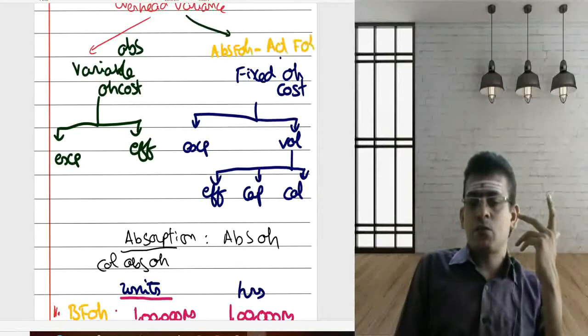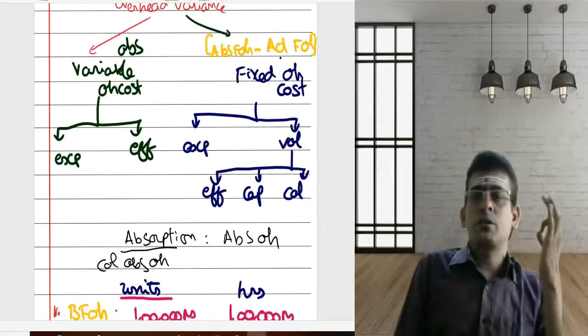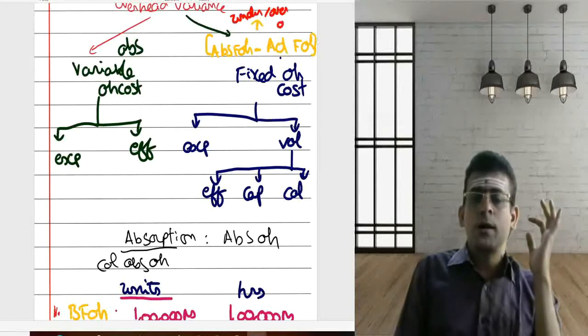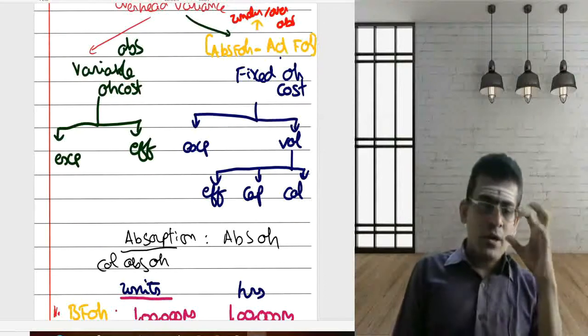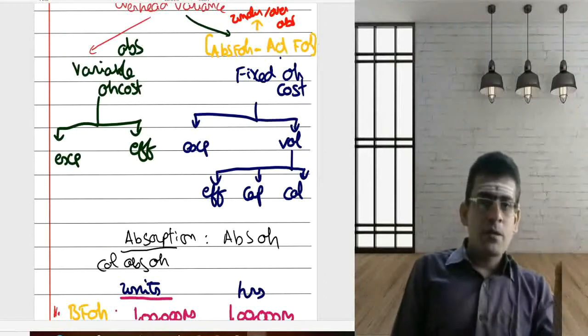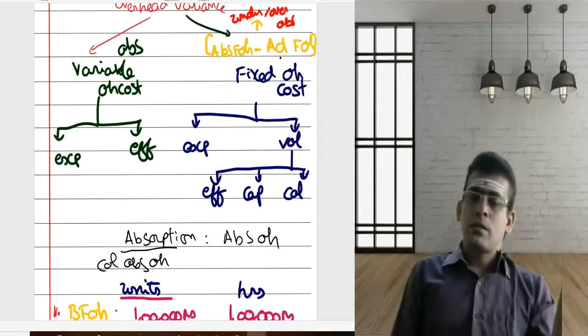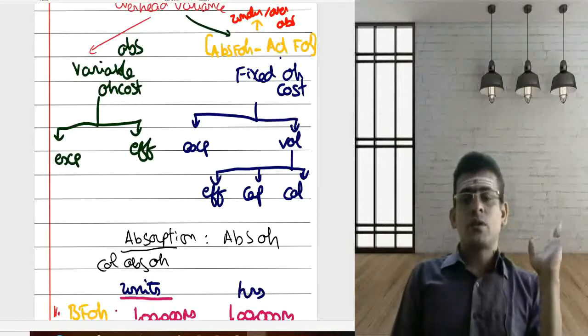I can simply call this either under or over absorption. That's it. You are recovering your overheads. You may be recovering more or less as compared to the actual, and that recovery is called your cost variance.